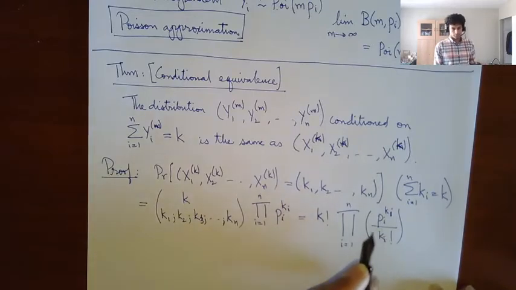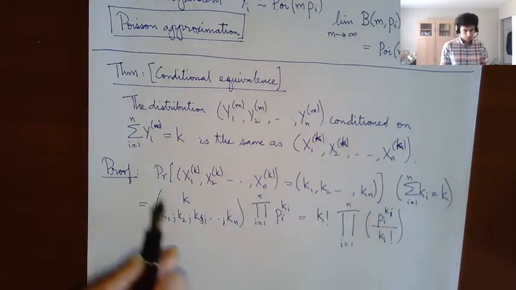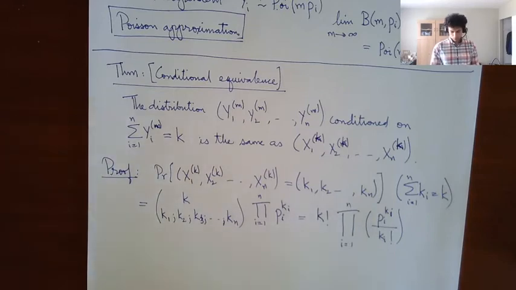And now this is looking awfully close to what you would see in a Poisson. So this is the expression for the case where there is no conditional probability.